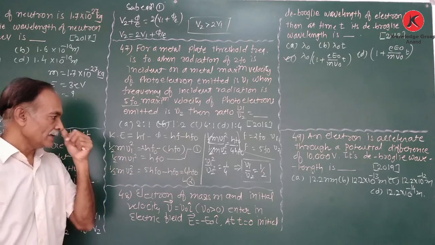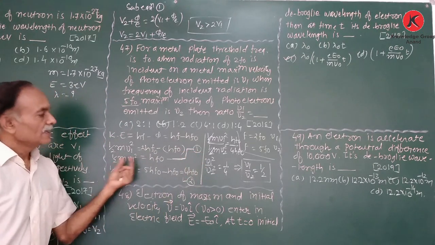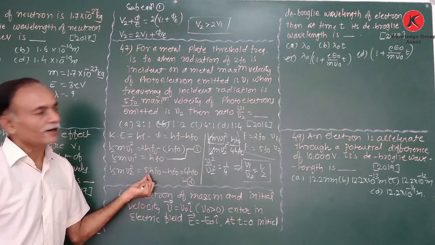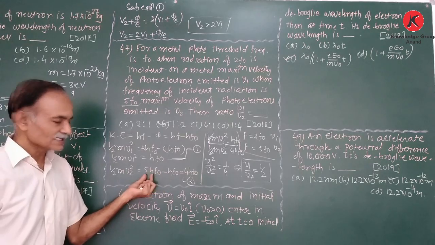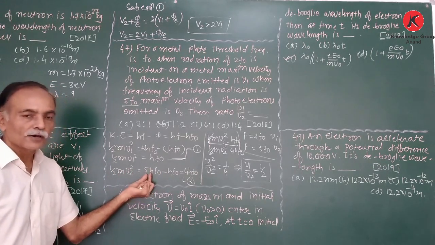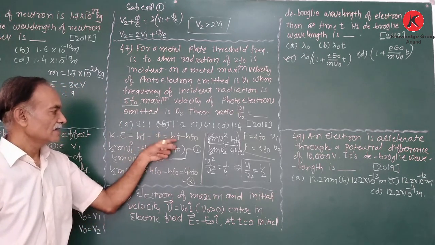That is our equation 1. Similarly, for the maximum speed v2, when the frequency is 5f0, half m v2 square is equal to 5hf0 minus hf0.